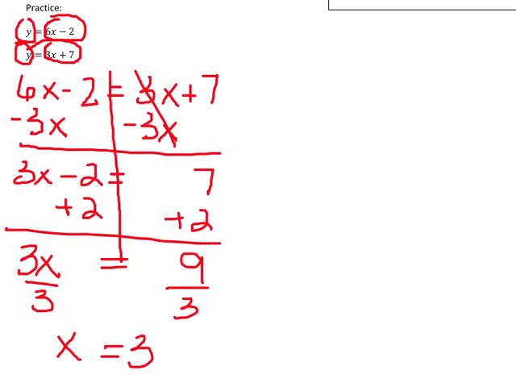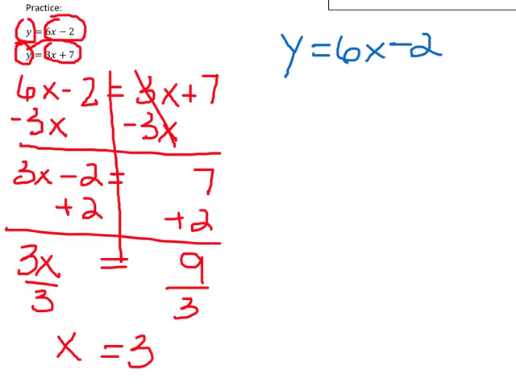Once I get my x value, I take that x and I go back to one of the two original problems right here, and I find my y. So I'm going to take this equation right up top here. I'm going to copy it down over here, y equals 6x minus 2. And I'm plugging in this x equals 3 for the x there.